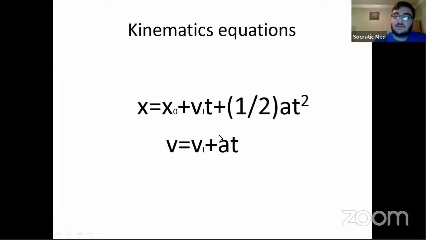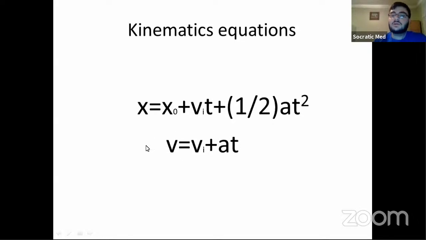Whereas if you just have velocity and acceleration, you may be looking at this bottom equation, right? And the top one is usually more for projectile motion. So if you threw a rock somewhere and wanted to see how far away it would go or how long it would take until it hits the ground, you would usually use this equation.